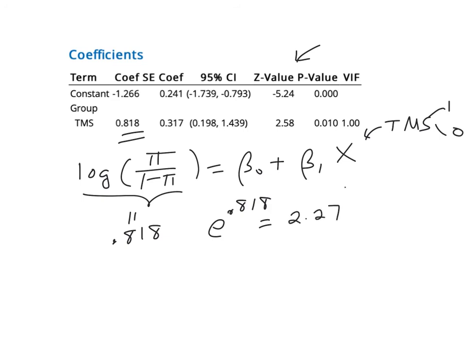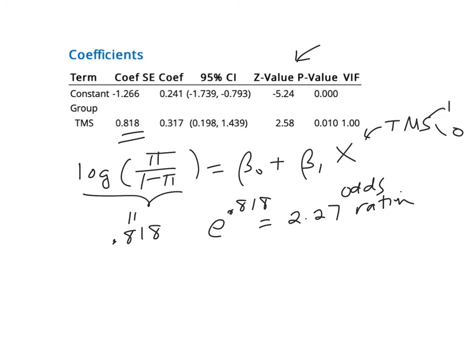That's our estimated odds ratio. So again, we're saying that the odds of being pain-free are more than 2 times higher when the treatment's used as opposed to the placebo.